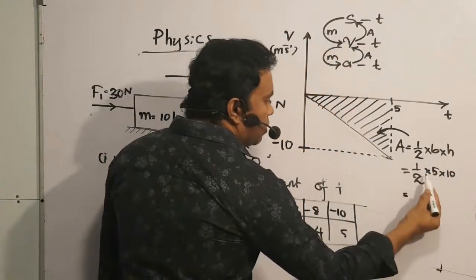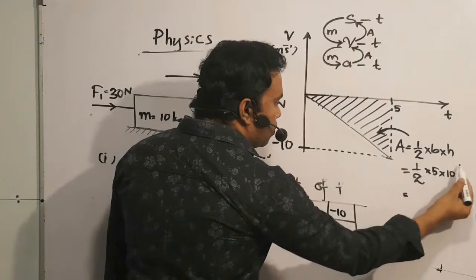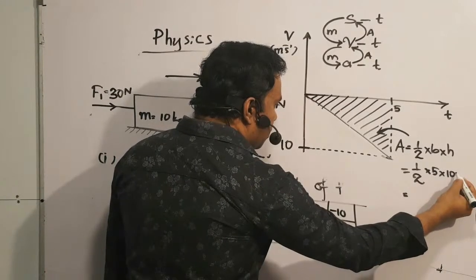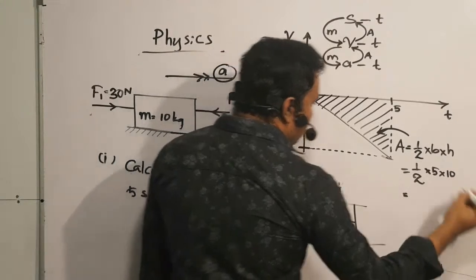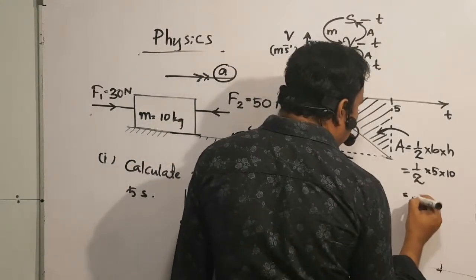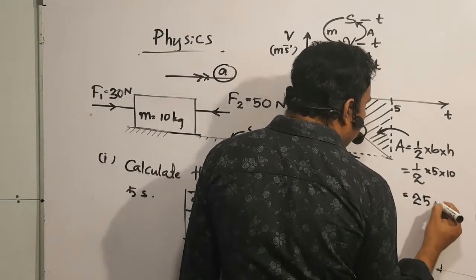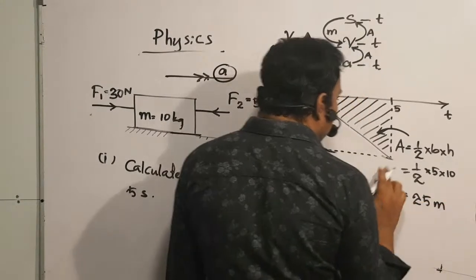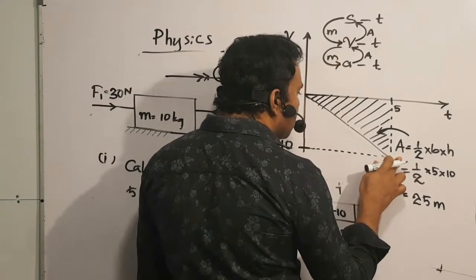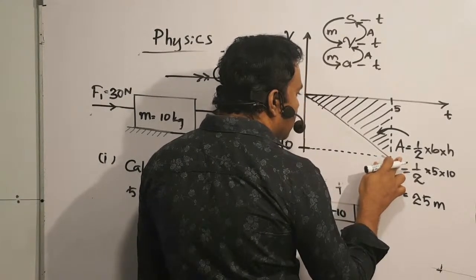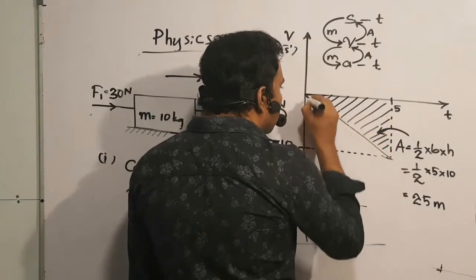You can cut this 2 to 2, that's 1; 10 to 2, how many 2s for 10? That's 5. 5 times 5, 25. So the answer is 25 meters. Displacement equals the area under the graph. So this is the graph.